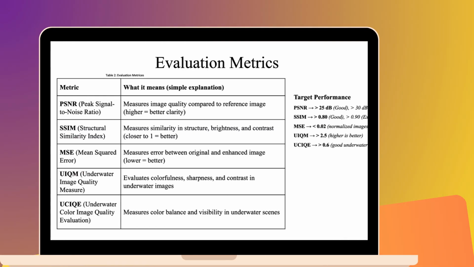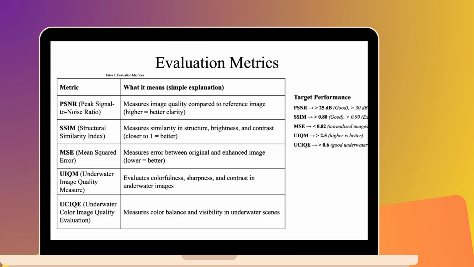Thank you, Gaurav and Omkar. I am Sahil and I will be explaining the evaluation metrics, results and conclusion along with the future scope. To evaluate the model performance, we use several standard metrics. PSNR, which stands for Peak Signal to Noise Ratio, measures image reconstruction quality, where higher values indicate better image clarity. The second one is SSIM, which stands for Structural Similarity Index.